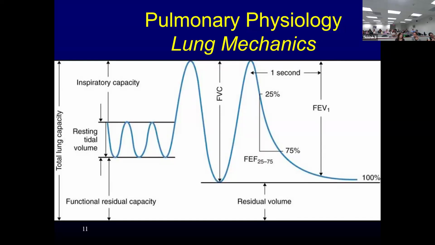Most people can do this maneuver in 6 seconds, okay? And this is the maneuver that we did just now. We inflated our lungs to the total capacity, and then we exhaled out till the time we couldn't do it. Generally, this takes 6 seconds. Look at the diagram.